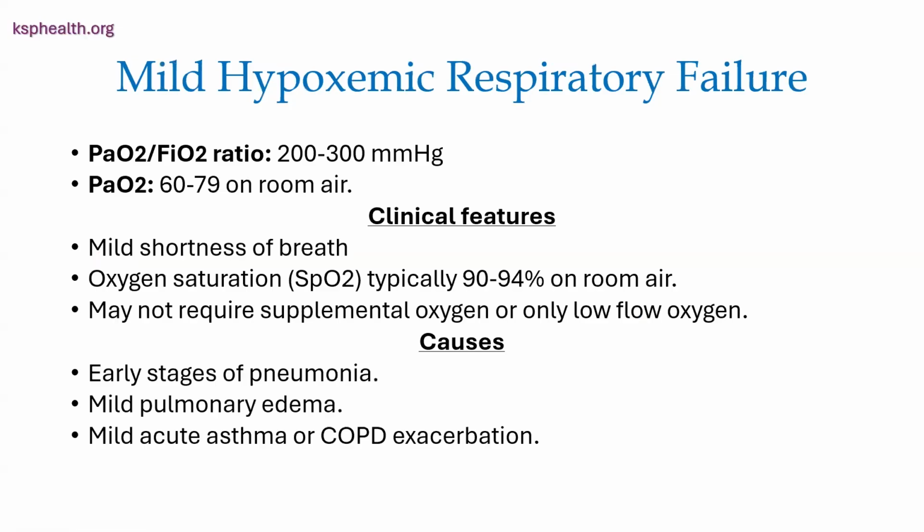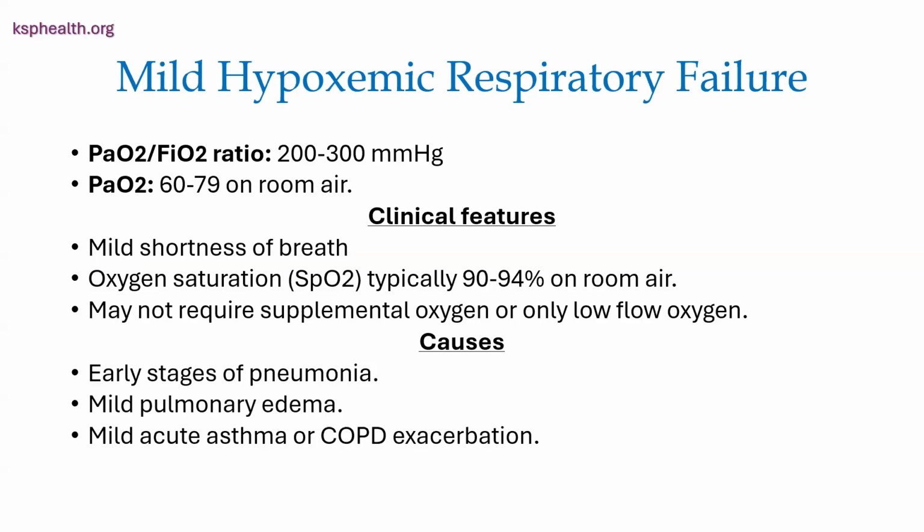Mild hypoxemic respiratory failure is defined when the PF ratio is between 200 to 300 millimeters of mercury. Normal is more than 300 millimeters of mercury. In these patients, the arterial oxygen content would be 60 to 79 in room air.